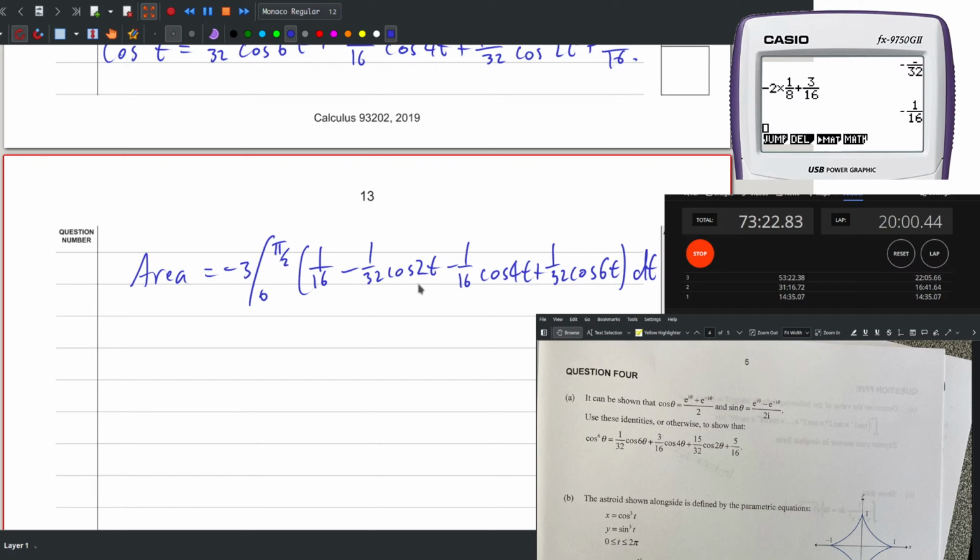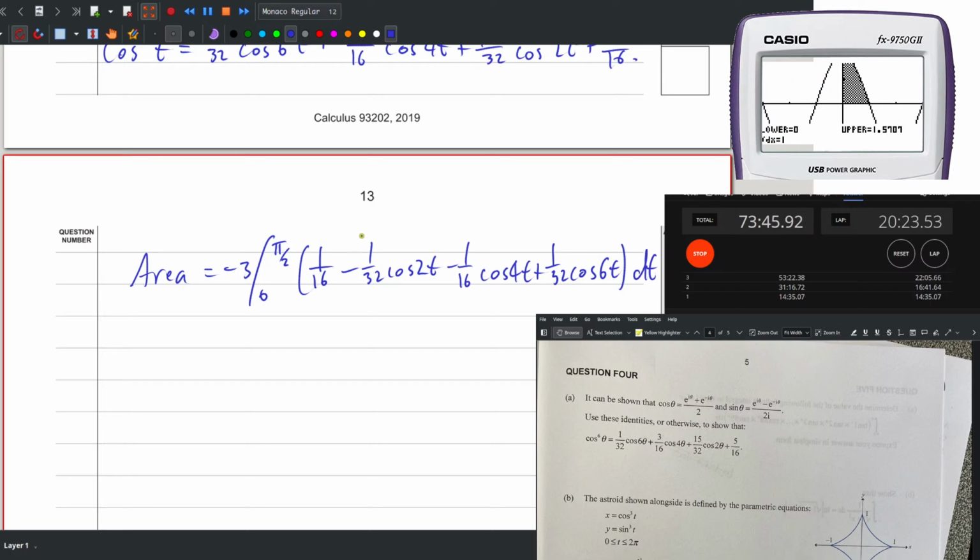Wait, and then if you look at cos x, shouldn't these all be, because this one, let's integrate to there, is 1, right?